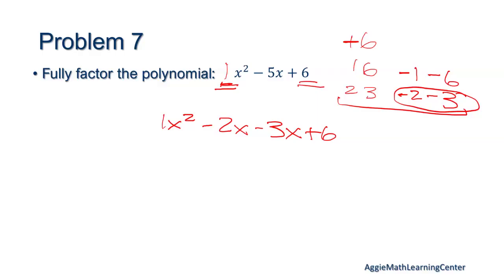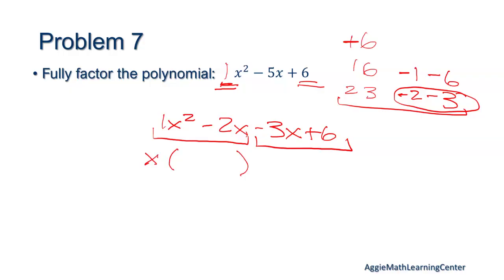Okay, so then what can we do from here? Factor by grouping. Perfect. So we're going to put these first 2 terms together and these last 2 terms together. What can we factor out of this first set of terms, x squared minus 2x? X. Perfect. When we take an x out of both of these terms, what are we left with?